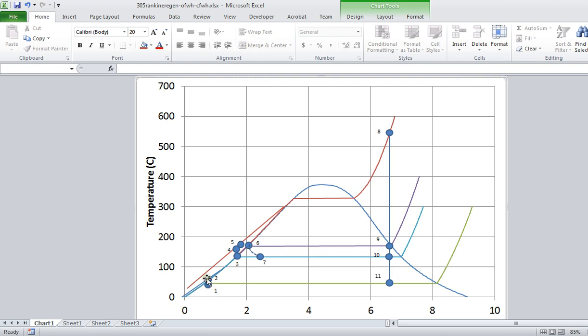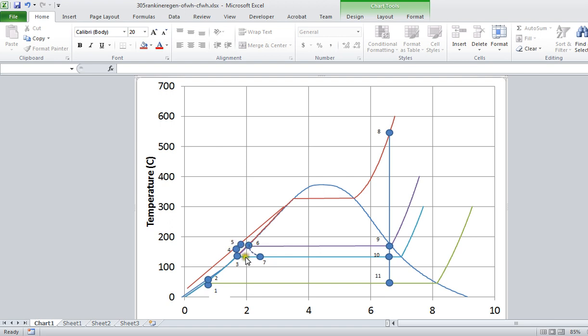1 to 2 is isentropic pumping, 3 to 4 is isentropic pumping. Remember that state 3 is in the open feed water heater, where we mix states 2 and 7 and 10 to get state 3, and then 4 to 5 is heating in the closed feed water heater, and I'm trying to show the temperature 5 at the same level as the temperature 6.